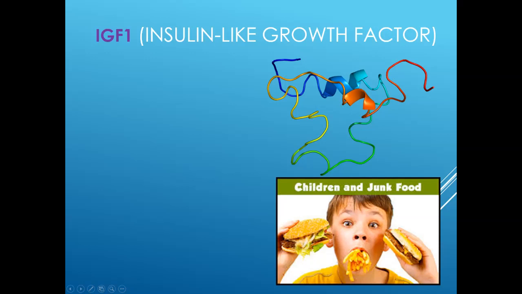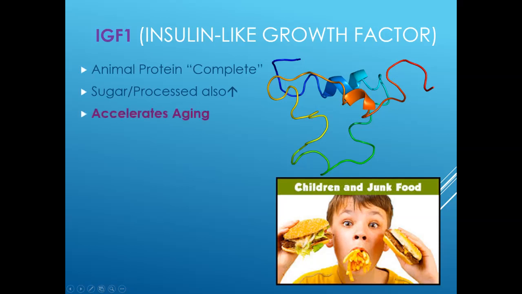The insulin growth factors coming from the animal protein, with the sugar processed, gets us high levels of this, and this is a growth factor. It accelerates aging. It is why puberty is happening at 8 or 10-year-olds. It's not supposed to be that early. And also the offspring are much larger than we're supposed to be.